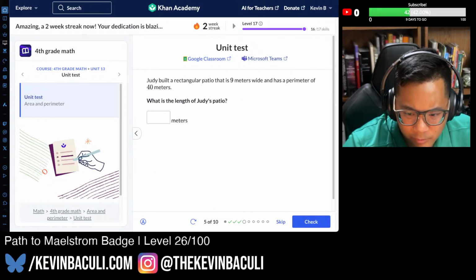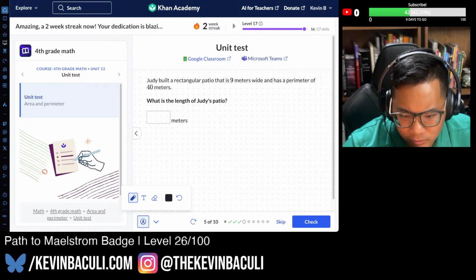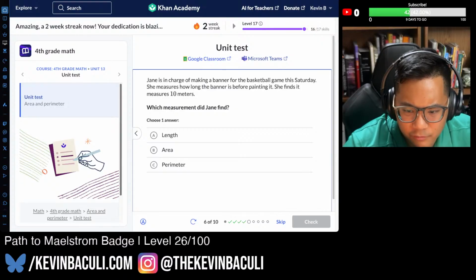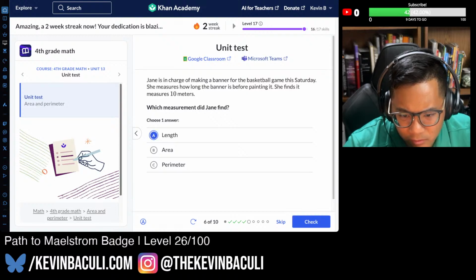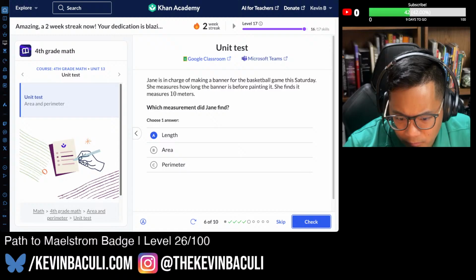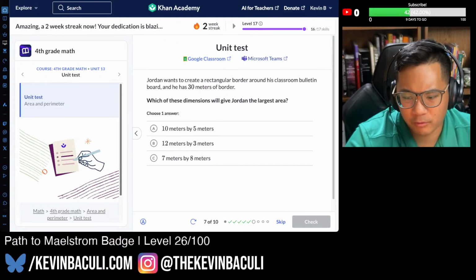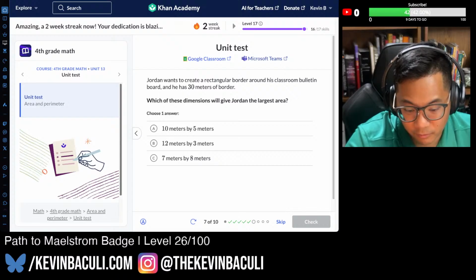Judy built a rectangular patio. $18, $22.11. Jenny is in charge of making a banner for the basketball game Saturday. She measures how long the banner is. Jonah wants to create a rectangular border around his classroom bulletin board. He has 30 minutes. Give him the largest area.